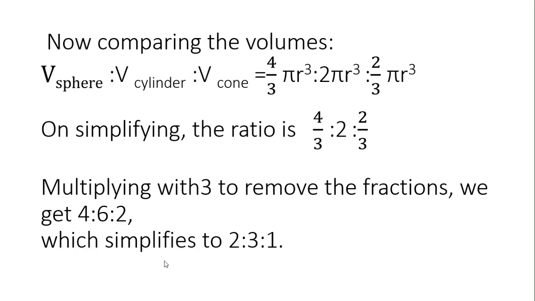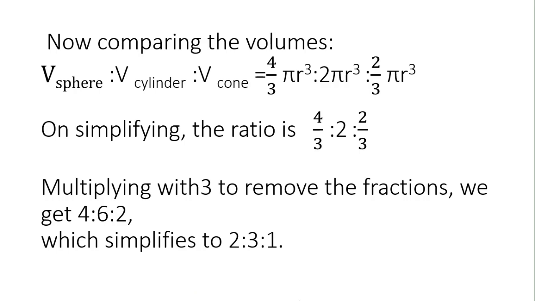We should go in that order only. That means volume of the sphere, volume of the cylinder, volume of the cone. Sphere is to cylinder is to cone, here we have taken. But what is the constraint here? The height and radius are same. So 2 is to 3 is to 1. Sometimes they may change the order, cylinder is to sphere is to cone. Then we need to change the order of the ratio here.